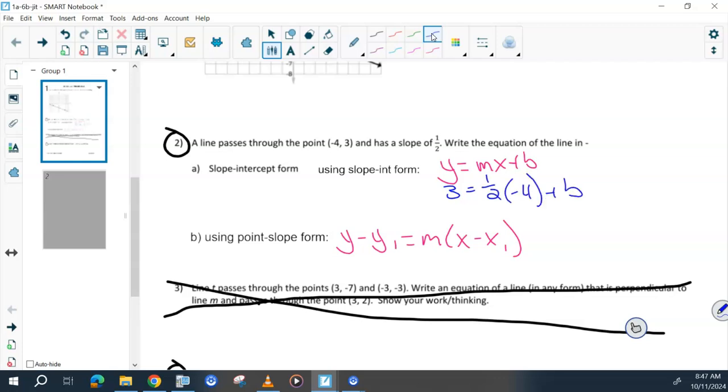And we're going to solve for b by multiplying the 1/2 and the -4, and then adding 2 on both sides. And then you would rewrite that in your y equals mx plus b with your slope and your y-intercept.